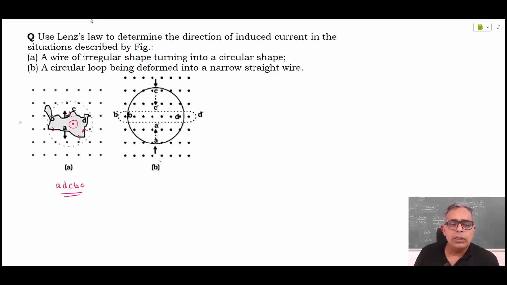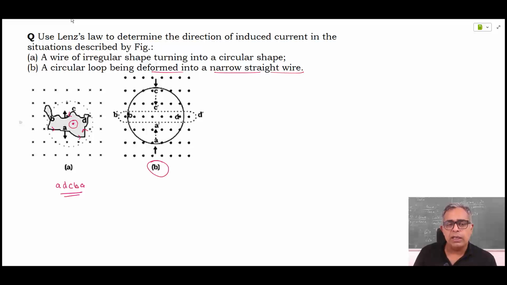Right? Now, in case B, we have a circular loop and it is deformed into a narrow straight wire. If you look carefully, the magnetic field is towards us, and when we are trying to squeeze it into this tube shape, we are trying to decrease the magnetic flux. So the direction of induced current will be such that it will not let the flux decrease.